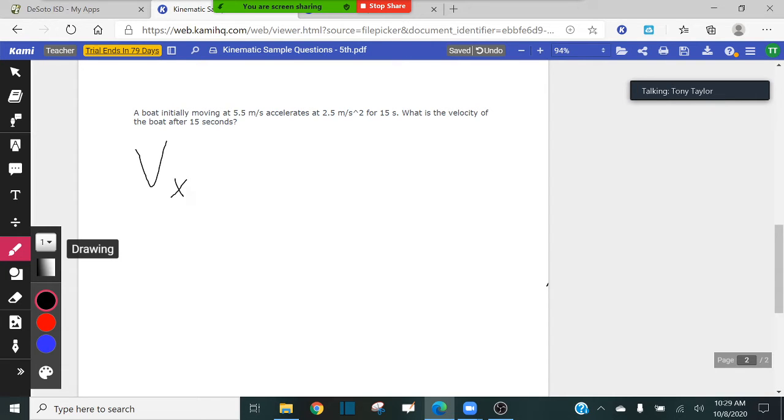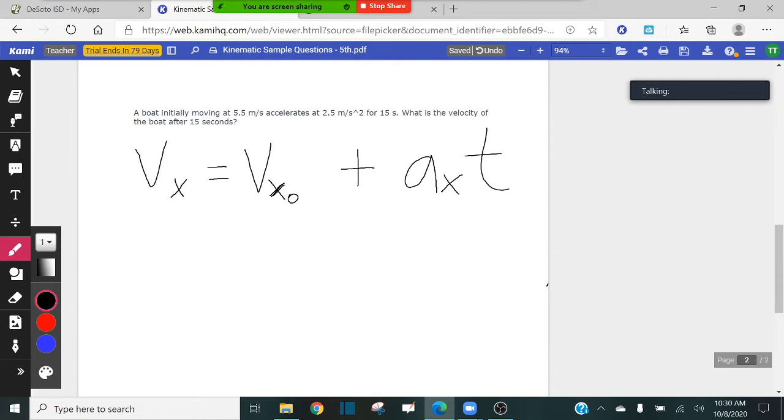The final velocity of the boat is equal to the initial velocity of the boat in the x direction, where it's understood that this symbol represents our initial conditions. We always use that to represent initial conditions, plus the acceleration in the x direction times time.